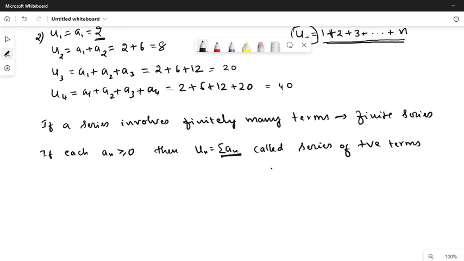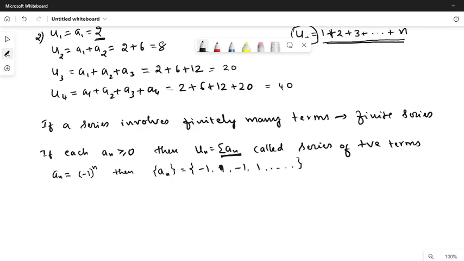Similarly, you may define series of negative terms, and there are some series which are neither positive nor negative. If you take a_n to be (minus 1) power n, then the entries of this sequence are minus 1, plus 1, minus 1, plus 1, and so on.